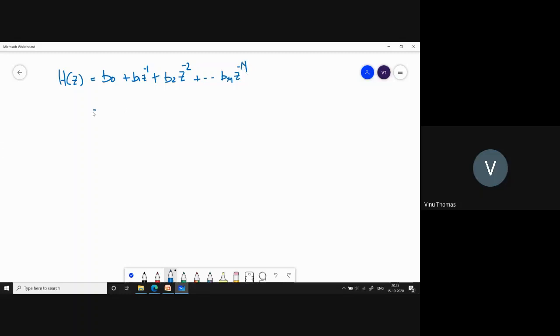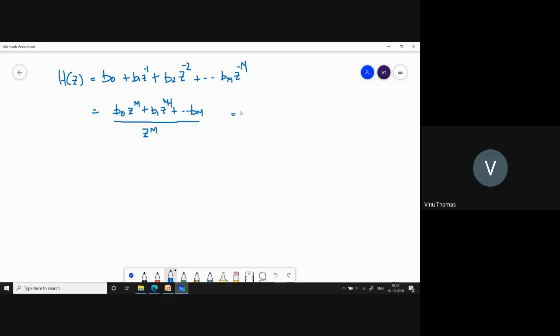I will write this as equal to B0. I will multiply this by Z raised to m throughout and divide also by Z raised to m, so that you basically get the same function. So this is B0 Z raised to m plus B1 Z raised to m minus 1 plus etc. up to Bm divided by Z raised to m.